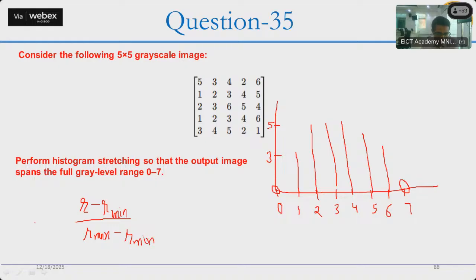This is multiplied by 255. See, this will be 255 or something other.